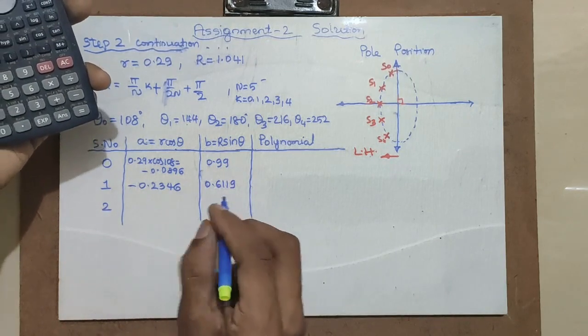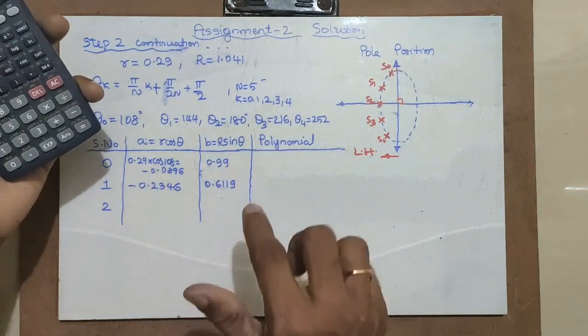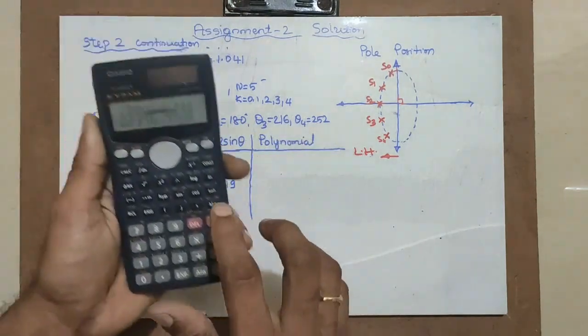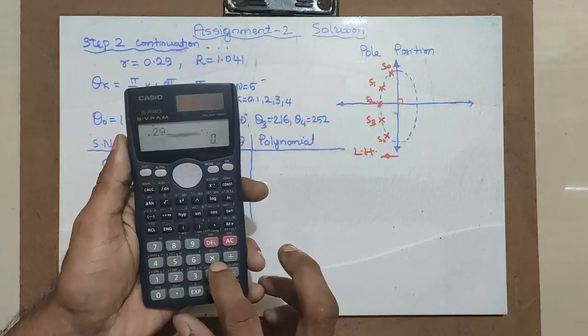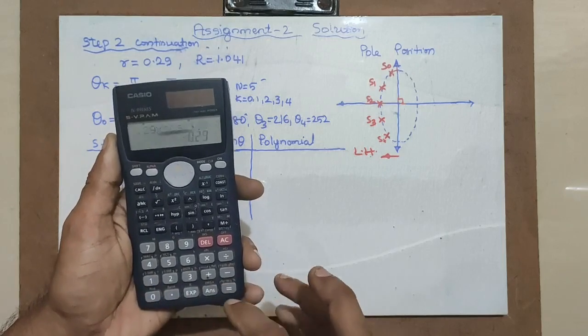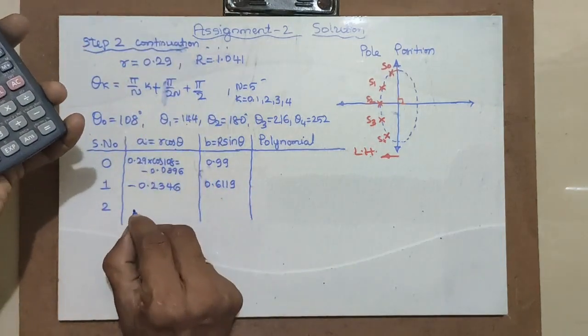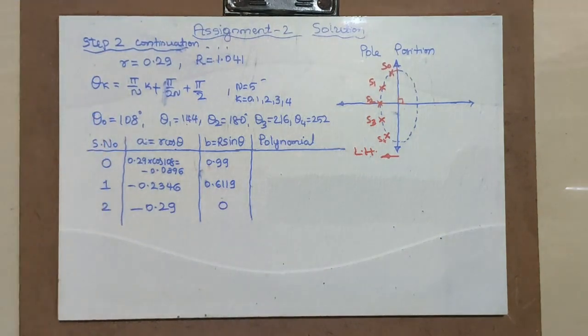Here you can see the second, that is the third pole or S2, for that 180 degree. 0.29 into cos 180 is minus 0.29. This value, B, becomes 0.